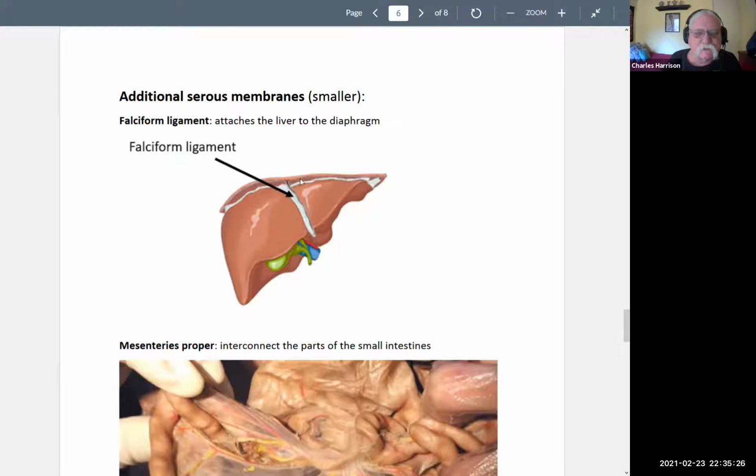This is the diaphragm here. And here's the ligament that holds it up, the falciform ligament. The falciform ligament is a serous membrane. It's a smaller one than some, but it's still considered a serous membrane.